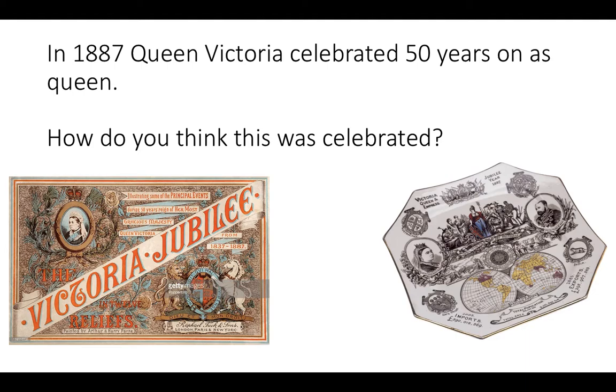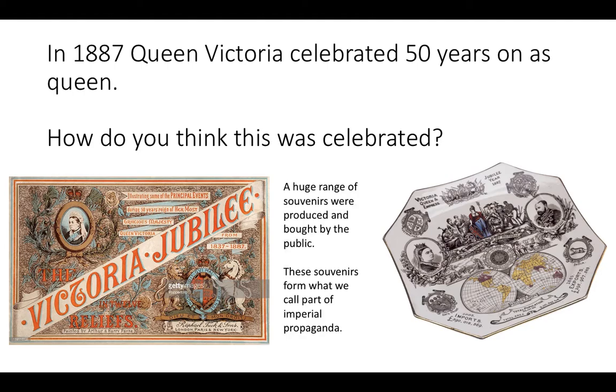This is called an empire plate, and on the left-hand side, we've actually got the packaging for an item. So Victoria's Jubilee has nothing to do with the item that's being sold here. However, her face is all over it.